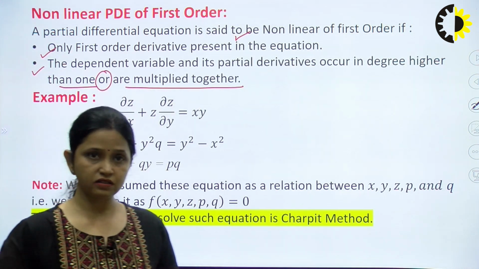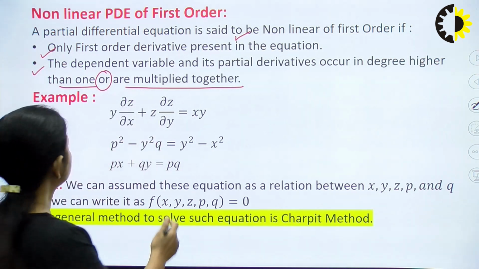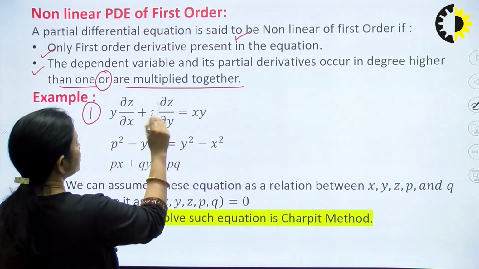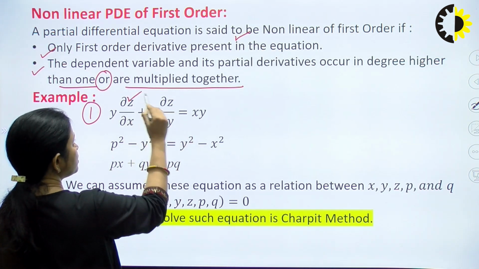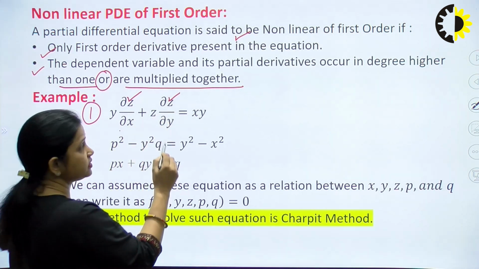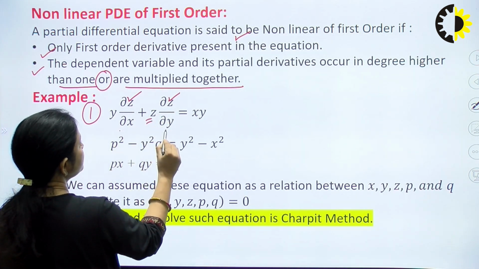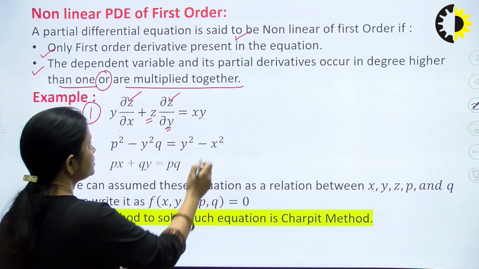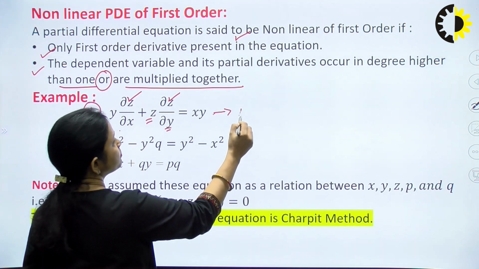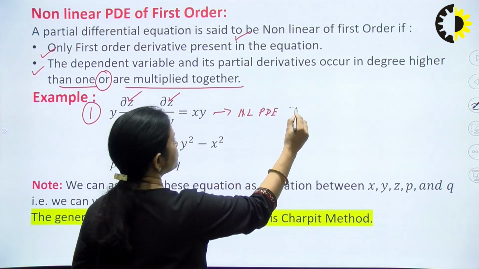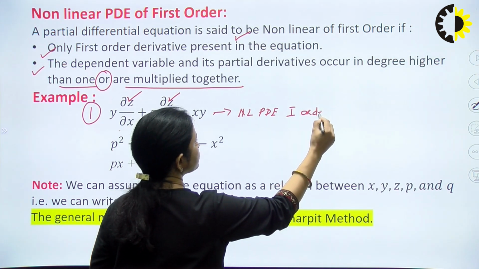We can understand this fact by some examples. See, in the first example, the partial differential equation contains only first order partial derivatives del z by del x and del z by del y, and the dependent variable and its derivative are in product. So it is a non-linear partial differential equation of first order.